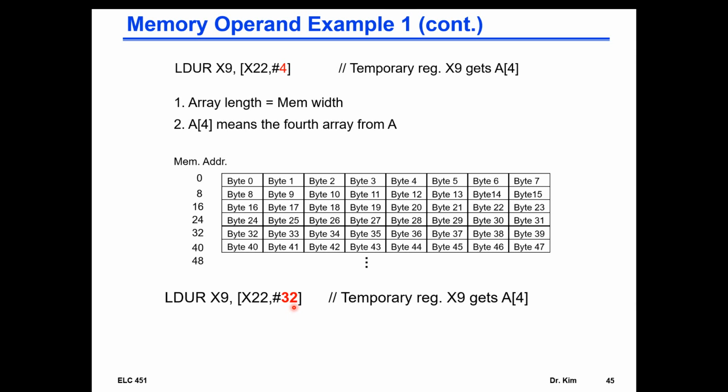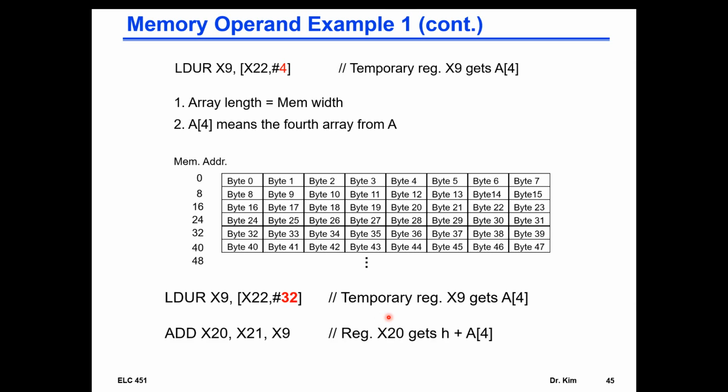And then it is going to load 8 bytes at a time, into register X9. Remember that registers are 64-bit registers. So we get the right item into the register.